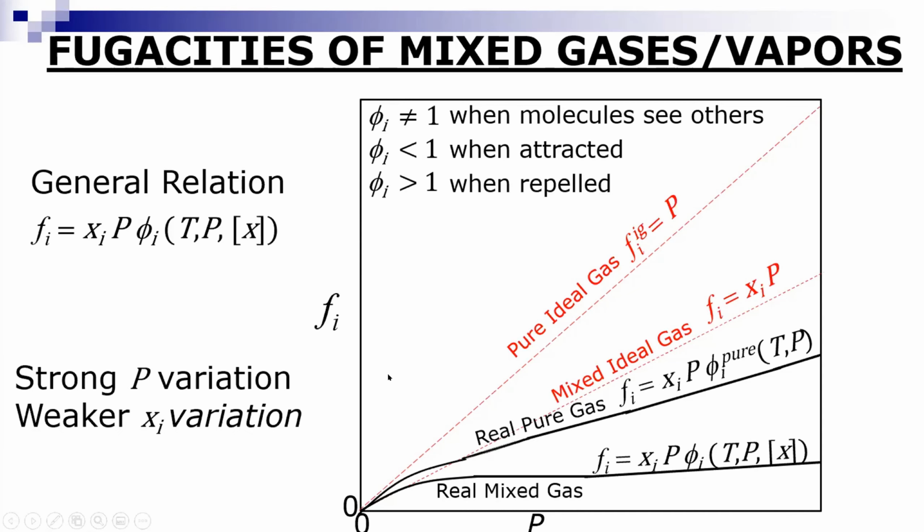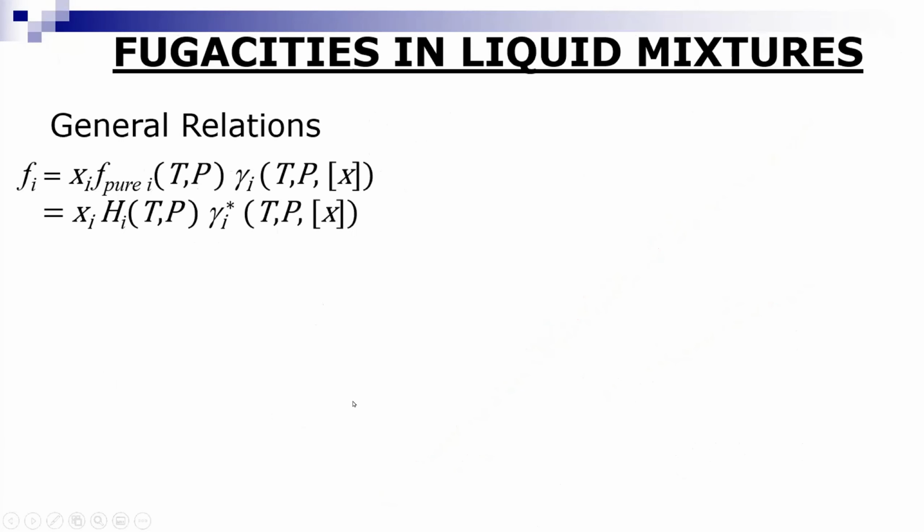Again, what we can comment is that the fugacity has a strong pressure variation for gases and a weak mole composition variation. So if you're going to be at low pressures, you don't necessarily have to worry too much about a real gas relative to ideal gas. But if you're going to go up in pressure, it makes a considerable difference.